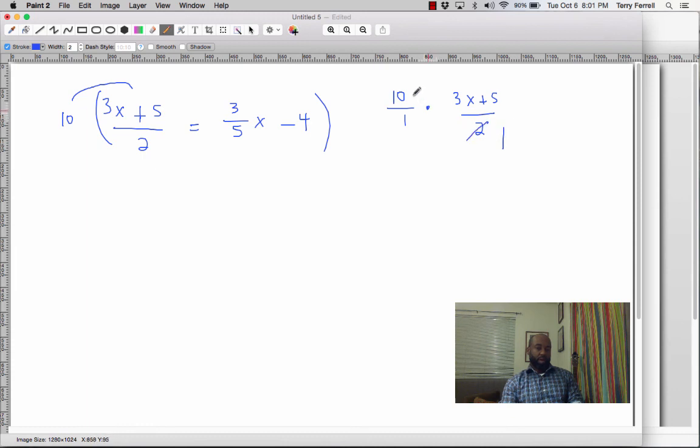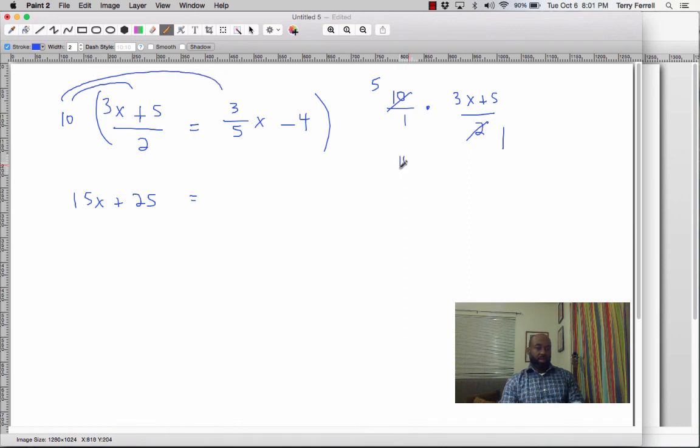I'm going to divide 2 into 10, 5. Now I'm going to take 5 and distribute it here. So 5 times both of those. So that will give you 15x plus 25.